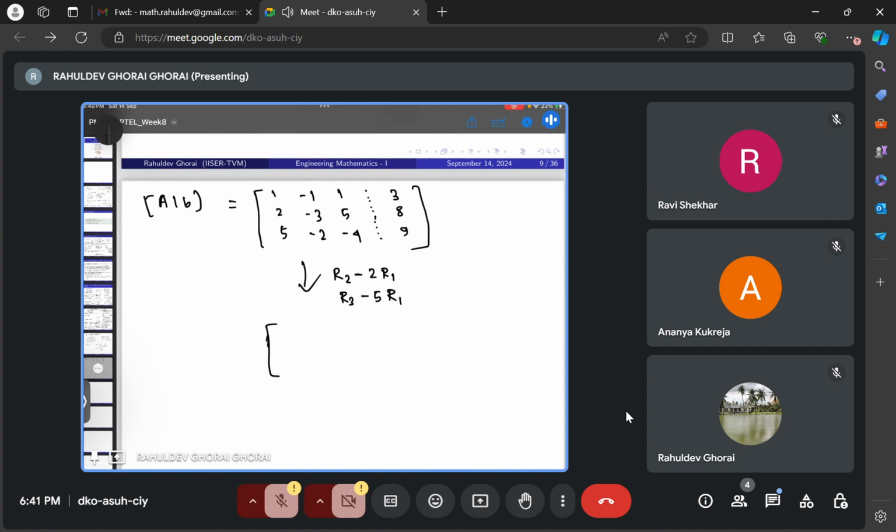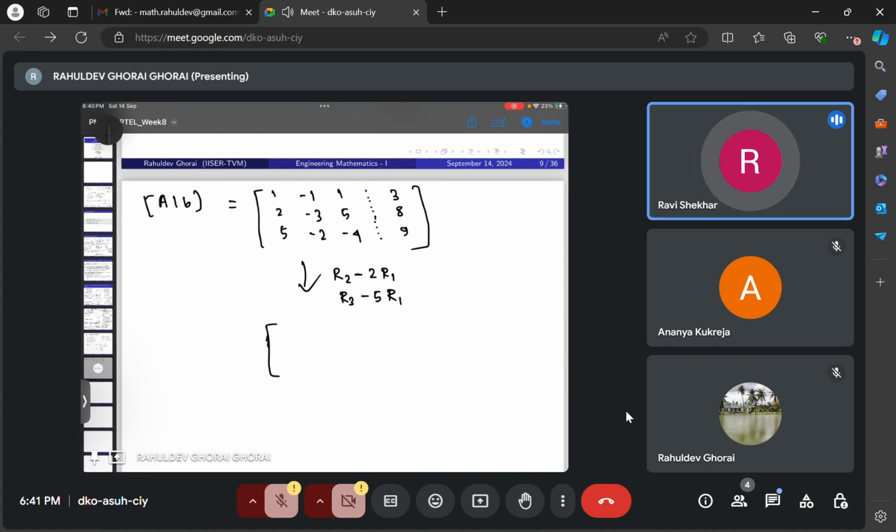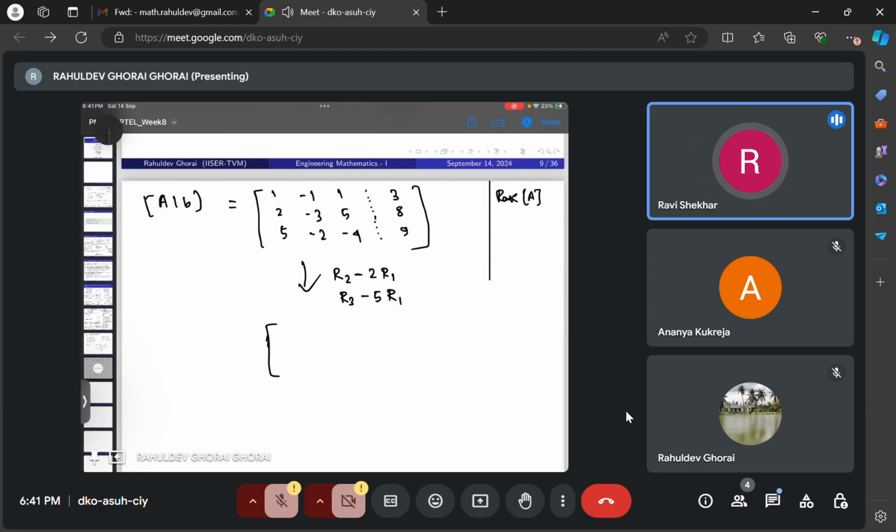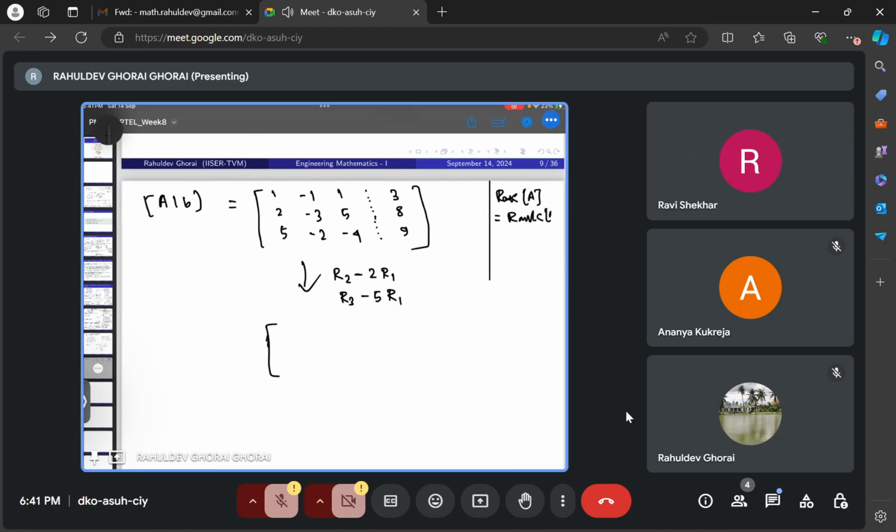So Ravi, what did you get? I got infinitely many solutions and rank 2. Rank of A and rank of A augmented are both 2, which is less than the number of unknowns.